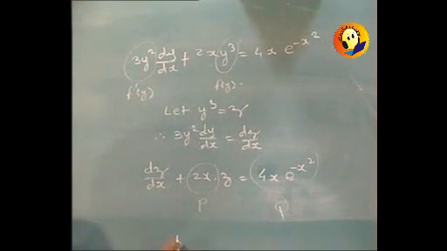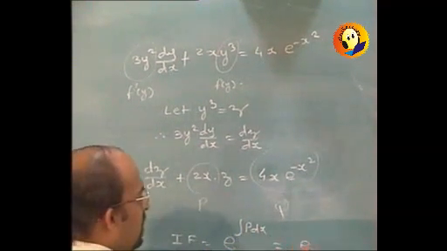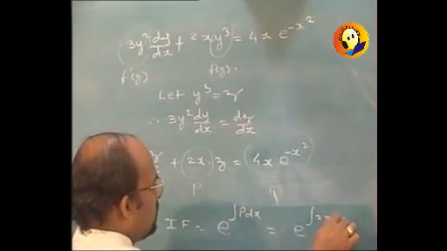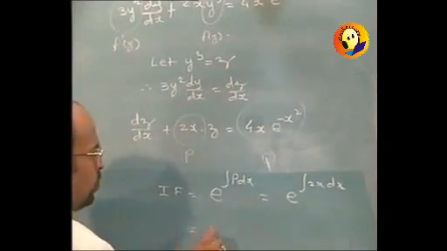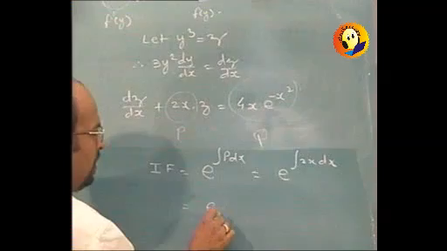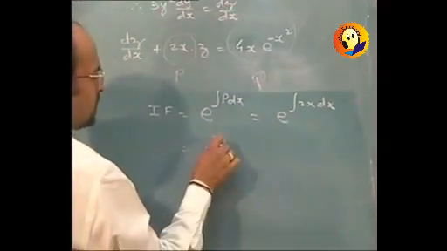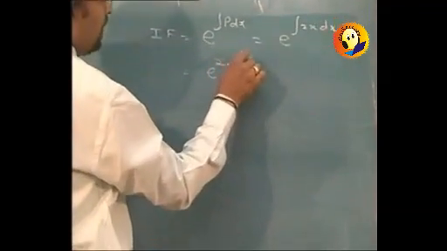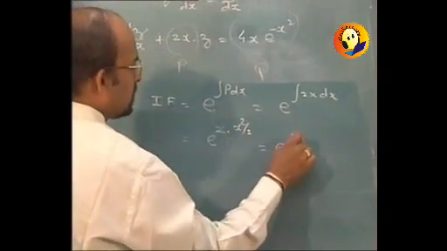The IF is e raised to integral p dx, which is e raised to integral 2x dx, will turn out to be e raised to 2 into x square by 2, which is e raised to x square.